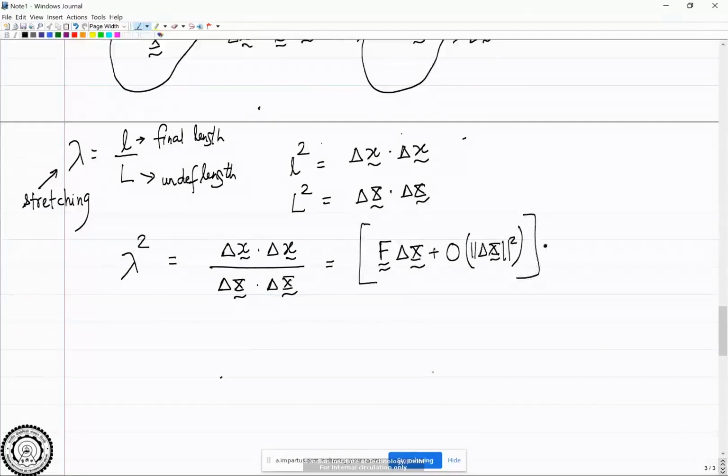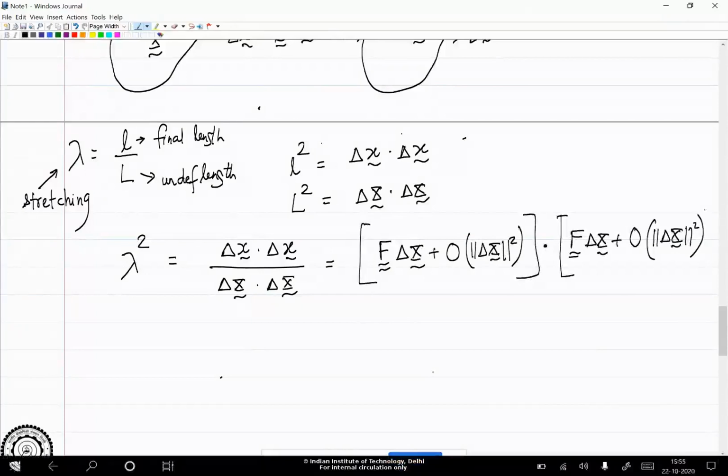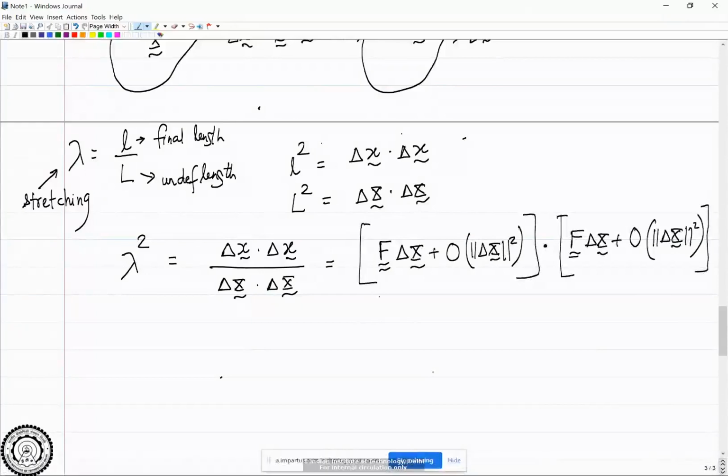And then I dot it with F delta capital X plus big O delta capital X square. Are you guys with me? And then I divide by, see on the denominator we have delta capital X dot with delta capital X, which is the same as magnitude of delta capital X square. Isn't it?